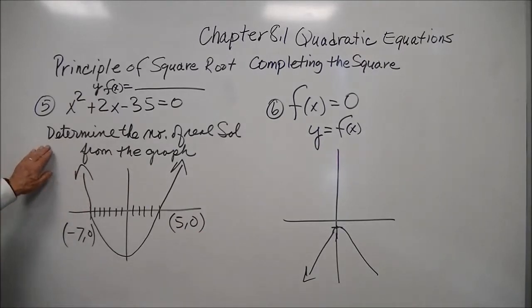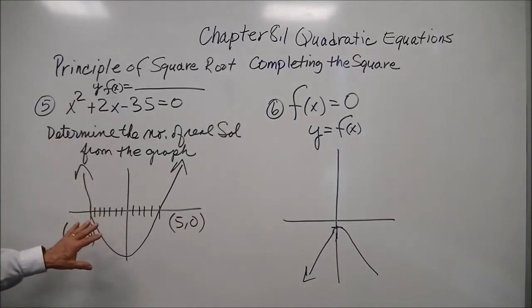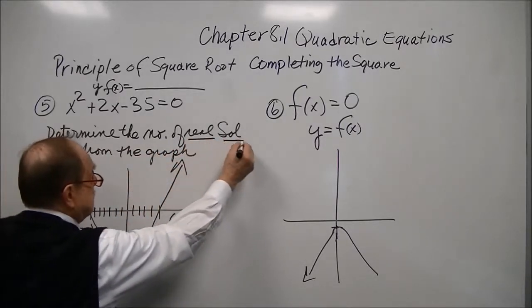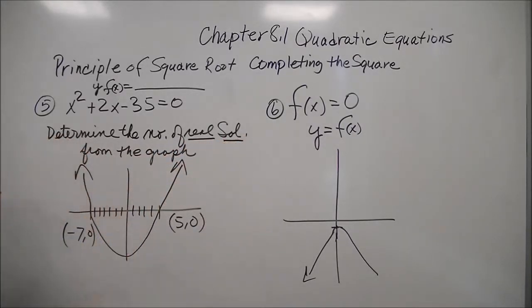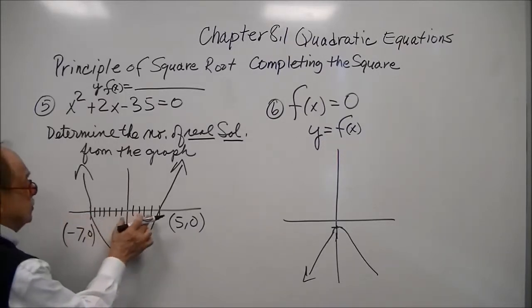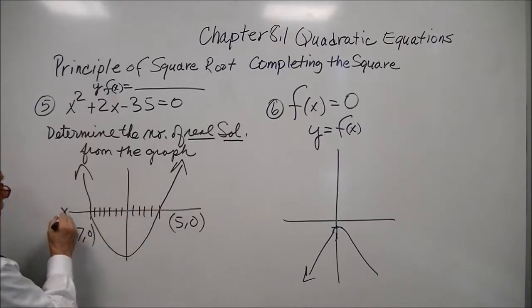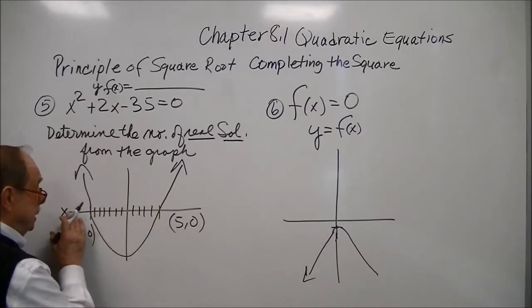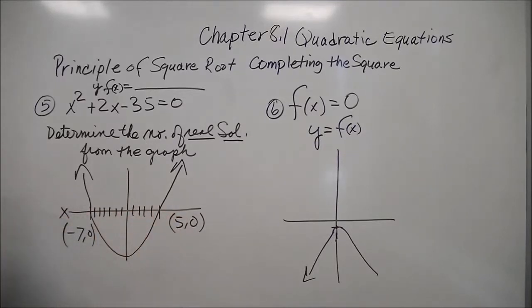But what they're asking us, just by looking at the graph, is to determine the number of real solutions from the graph. Well, the key to a real solution is that it has to cross the x-axis. That is, be part of the x domain, so to speak.